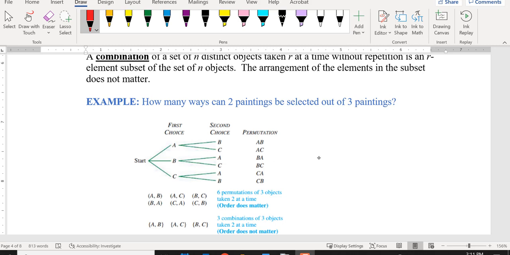So let's get rid of all the doubles: AB, BA, AC, CA, BC, CB. There's only 3 different combinations of 3 objects taken 2 at a time. Does that make sense? There's 6 permutations, but only 3 combinations.